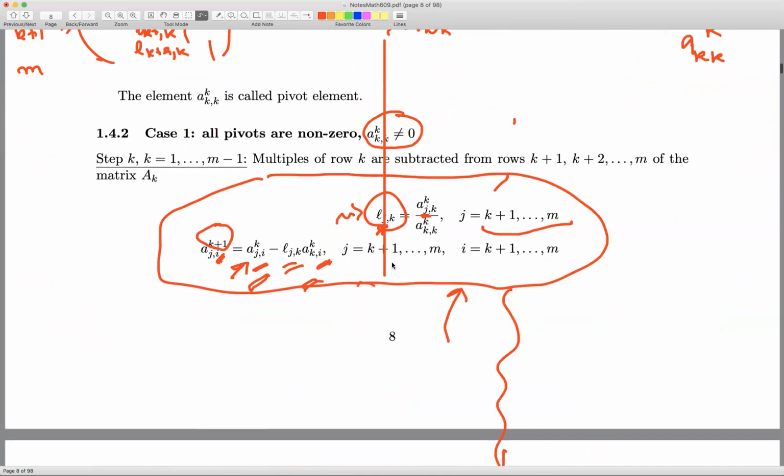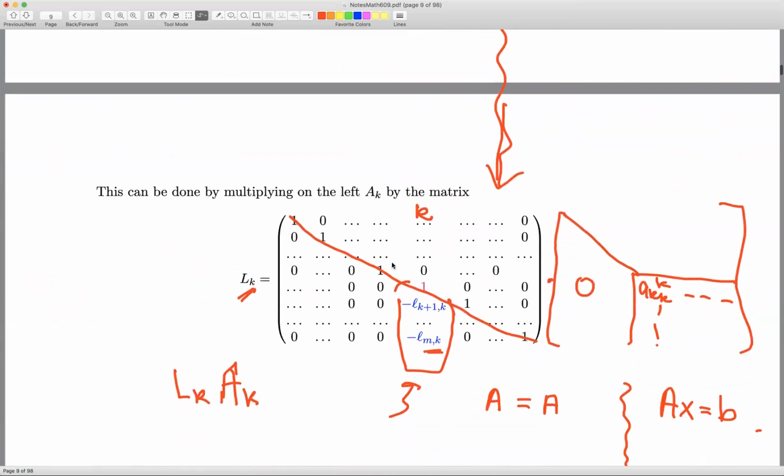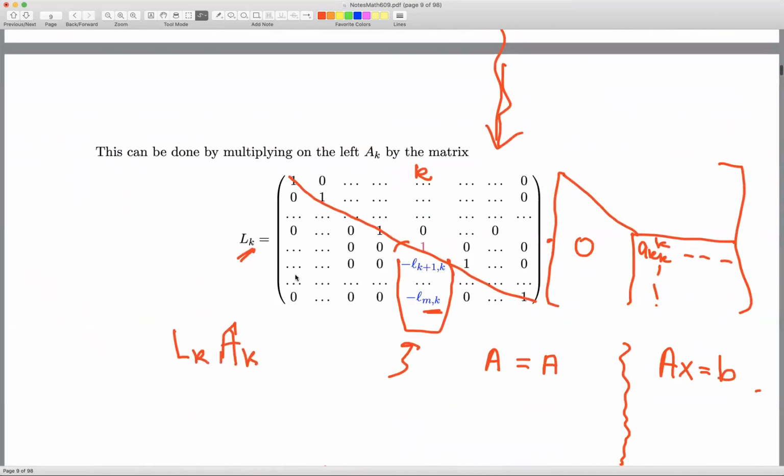And then using these elements, we create the corresponding lower triangular matrix LK that has ones on the main diagonal and has the corresponding L's on column K below the main diagonal with negative signs.